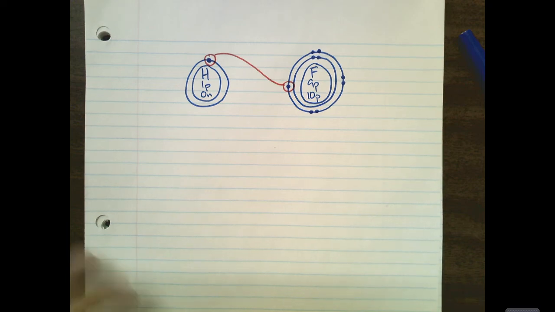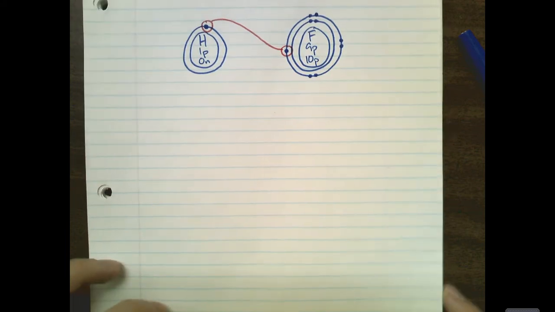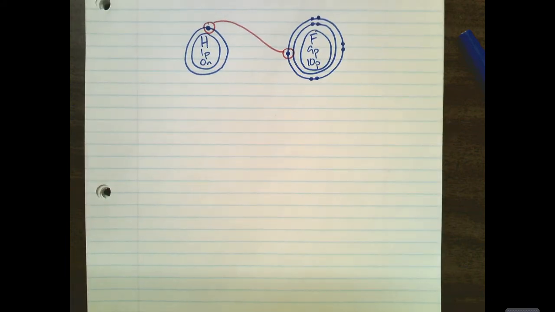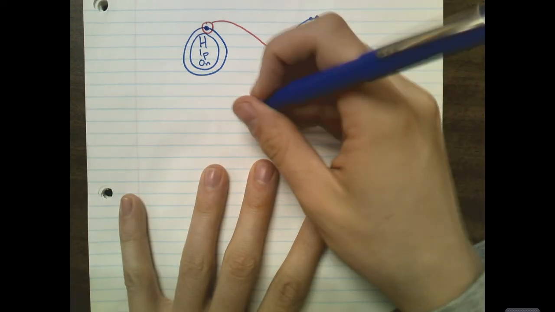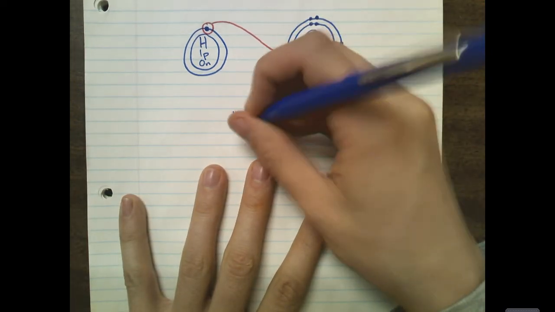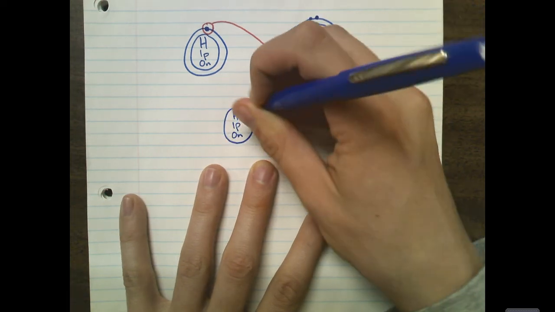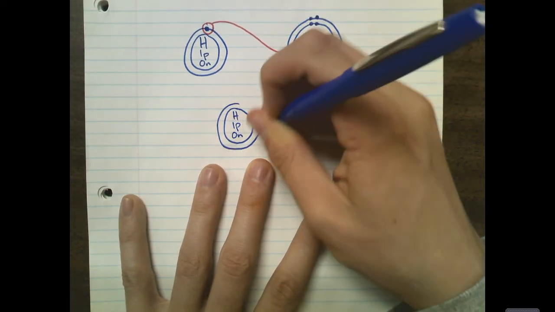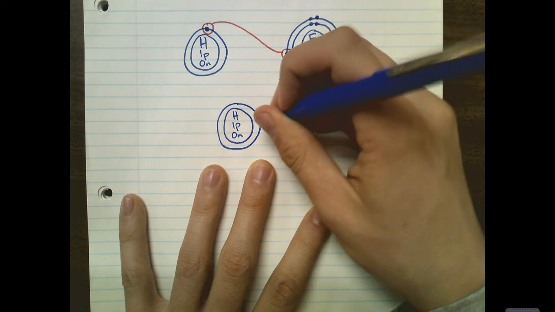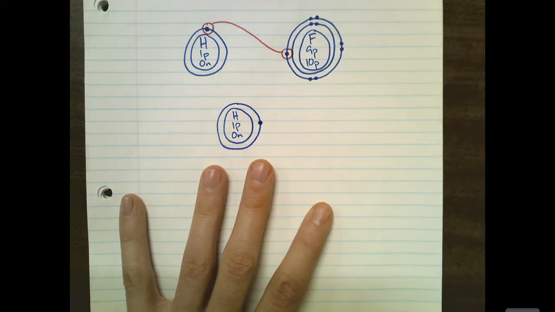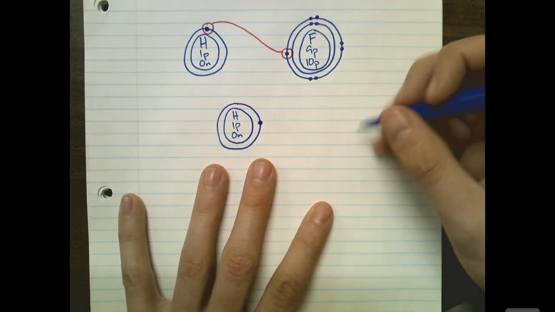And then your last step would be to redraw the new molecule, or molecular compound, with the atoms overlapping where the shared pairs exist. So this part, even myself, I'm not amazing at always knowing exactly how far away to put these. But if I have my hydrogen atom here, I'm actually going to put my electron over on the side because I know where that share is going to happen.